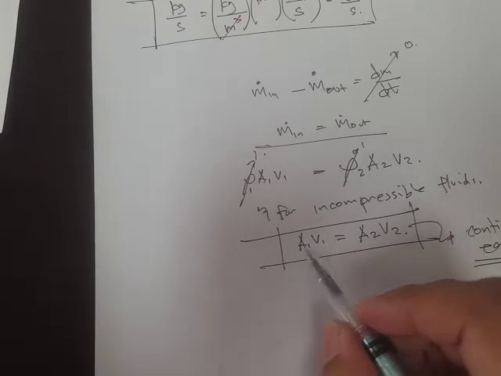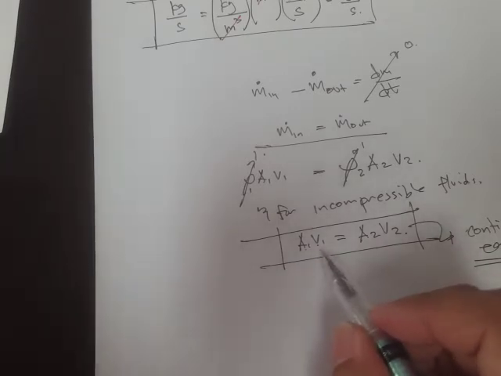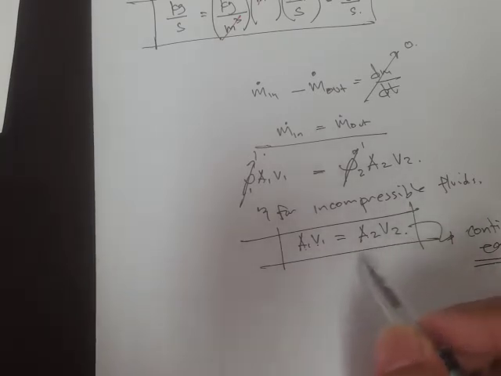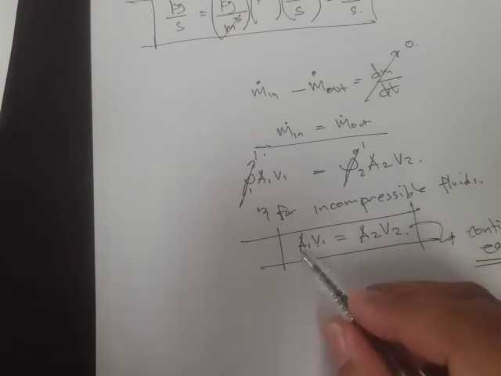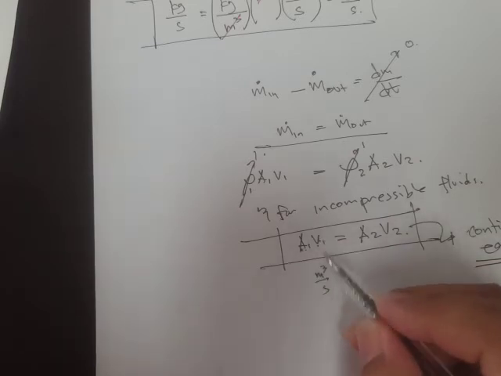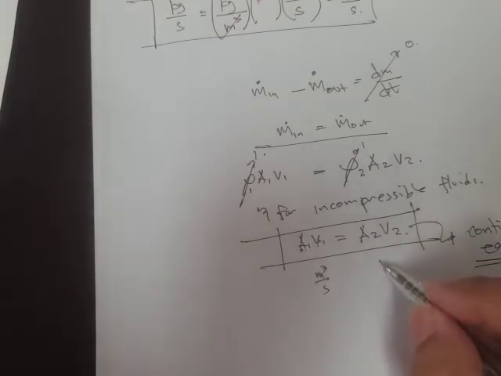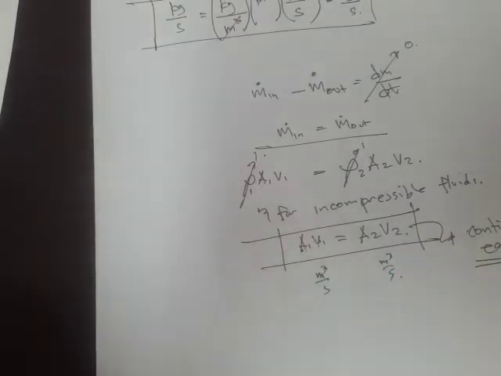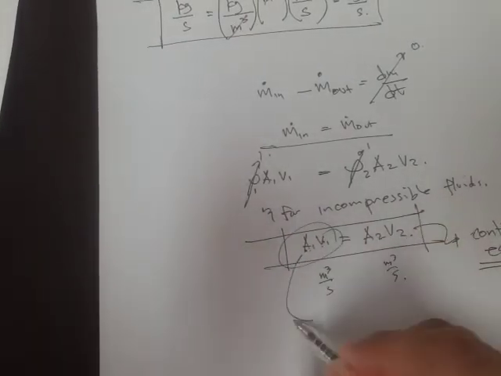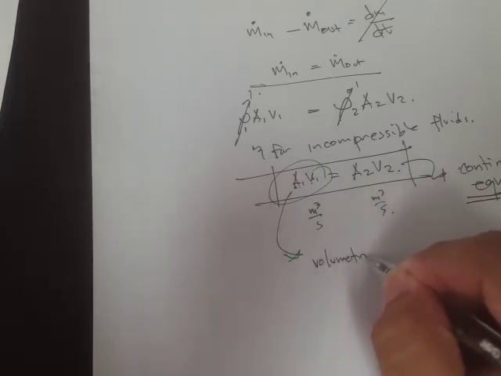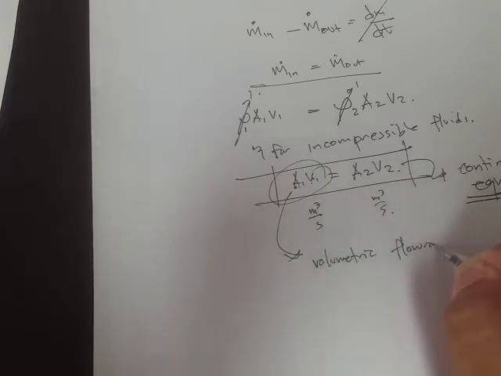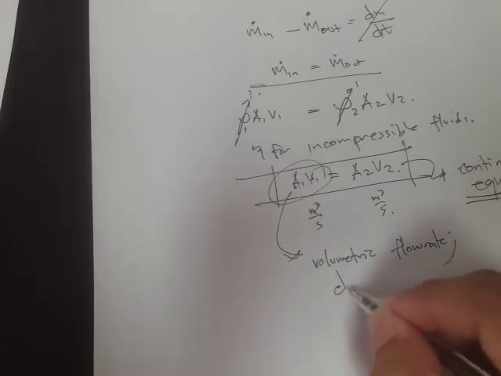So the area times the velocity at point 1 is just equal to the area times the velocity at point 2. And if you check the units, we actually have a unit of meter cubed per second. This is meter squared times meter per second, which gives meter cubed per second. And this is what is called the flow rate, or the volumetric flow rate, or also referred to as discharge.